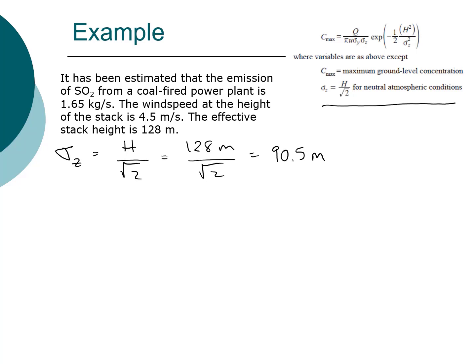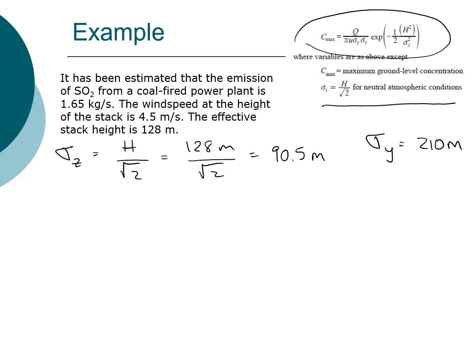Not the 70 that we previously calculated. Use the graph for conditions other than neutral. Sigma y is equal to 210 meters.